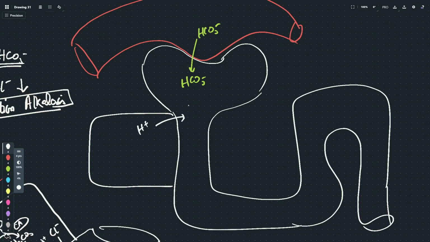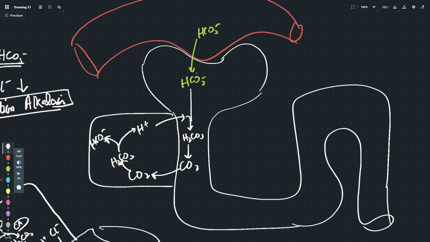H positive will be released, and it will react with bicarbonate to form H2CO3, which in the presence of carbonic anhydrase will form CO2. CO2 will come in, and again in the presence of carbonic anhydrase will be converted to H2CO3, and again H positive will be released and a bicarbonate will be released.